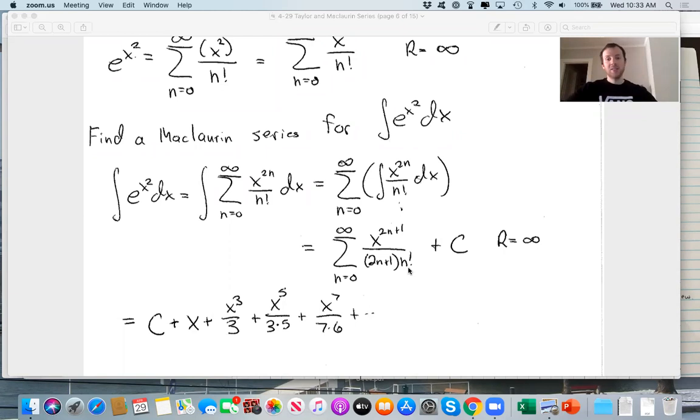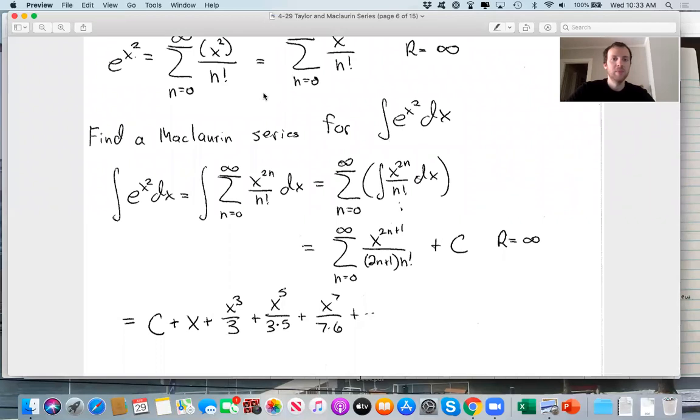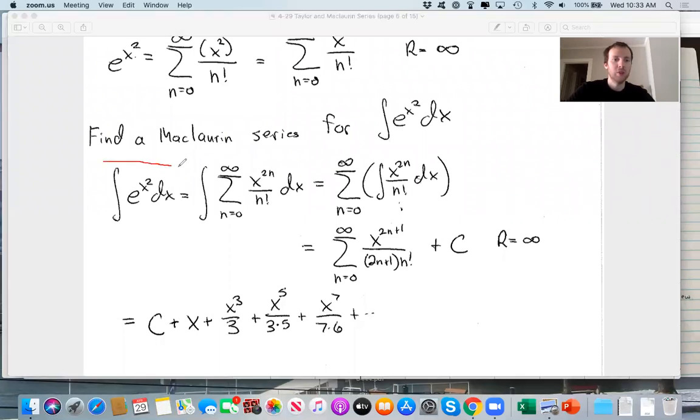And in this case, part of the reason why I picked this example is this integral. So forgetting about the series stuff for a bit, this integral right here is not an integral that can be found explicitly.